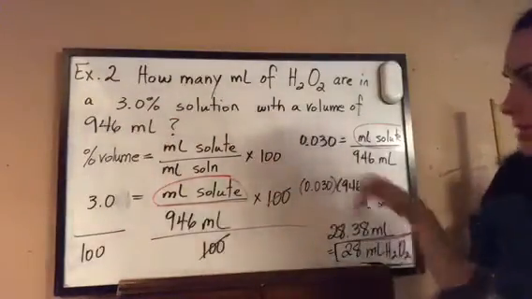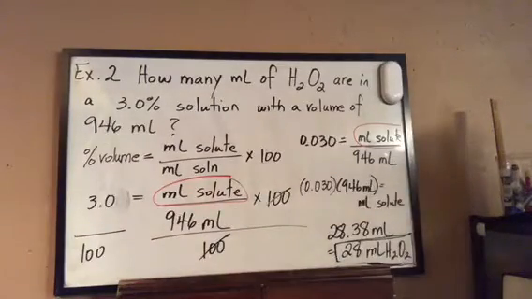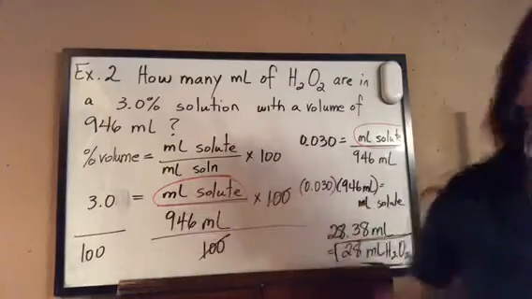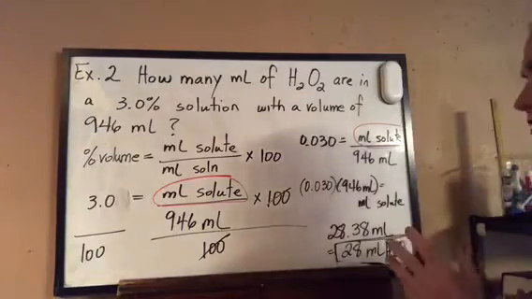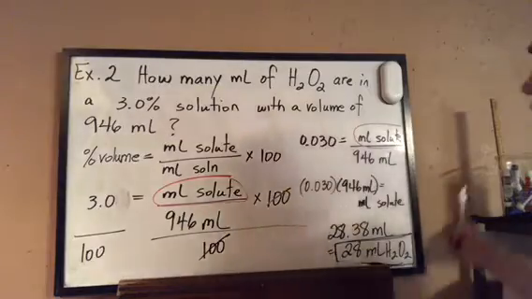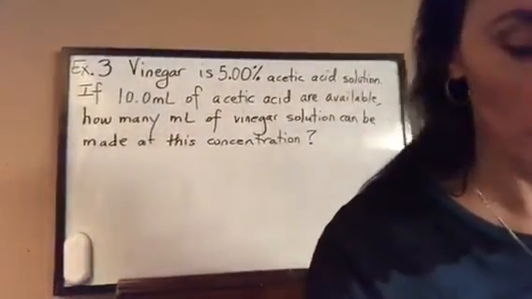That's how we calculate the amount of solute. We'll do another example where we calculate the amount of solution. Let's say we have the percentage and we have the amount of solute, but what is the total solution?